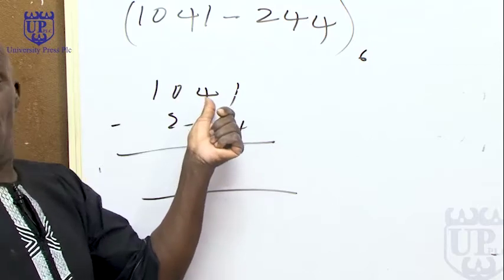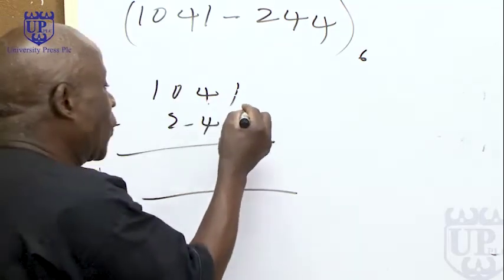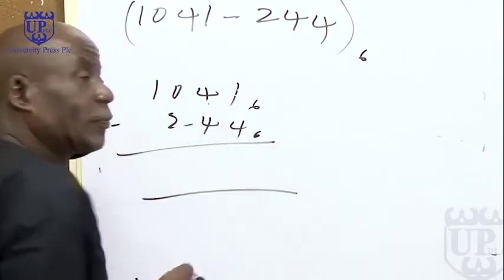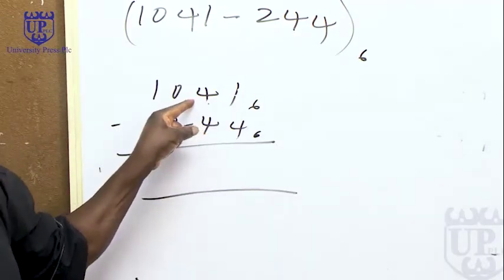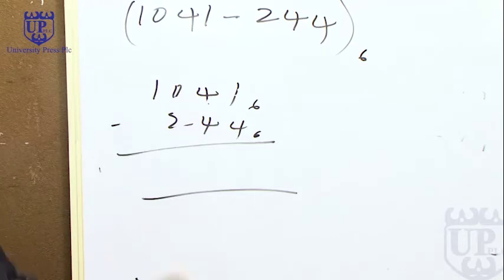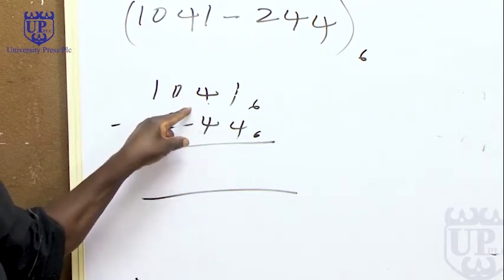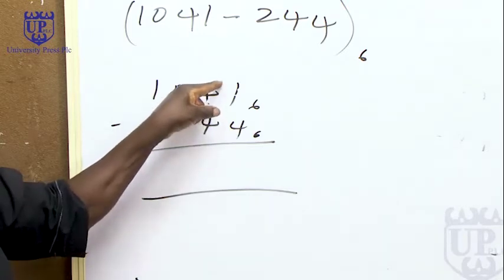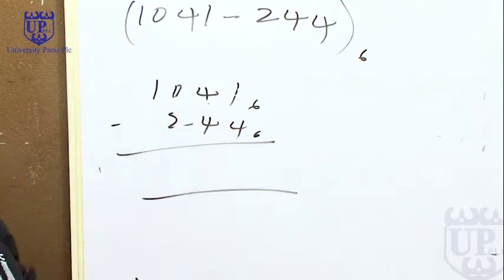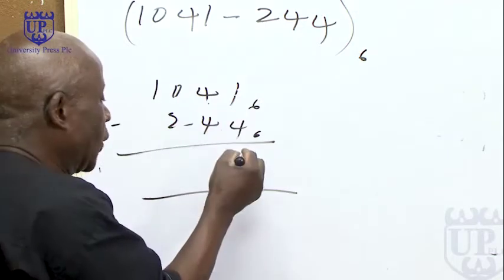You have to borrow. But remember, we are operating in base 6. You take 1 from here. That 1 you pick from here is 6. 6 plus 1, 7. 7 minus 4, that's 3.